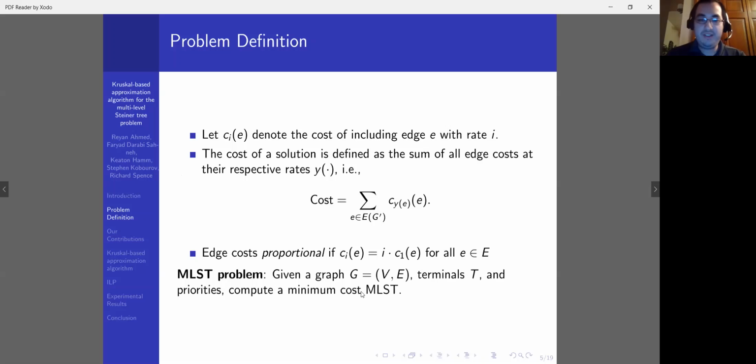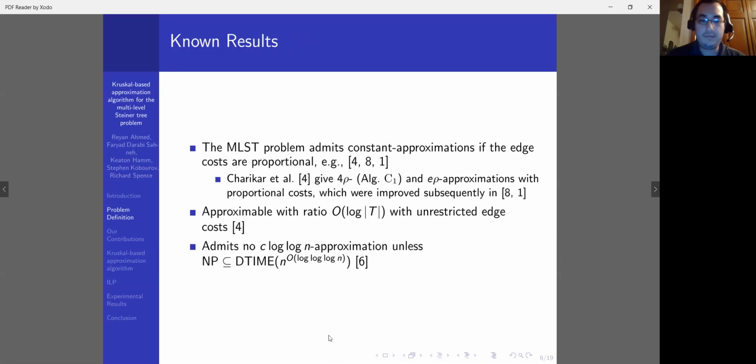This problem is to find a minimum cost multi-level Steiner tree given a graph with terminals and priorities. This does generalize the Steiner tree problem, so it is NP-hard, which means that we'll want to find approximation algorithms that approximate the minimum cost MLST. There are some known results on this problem.